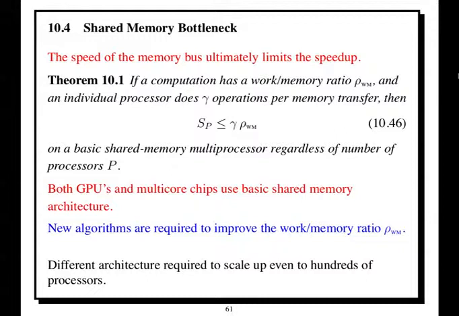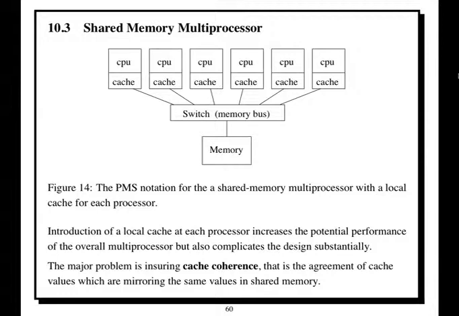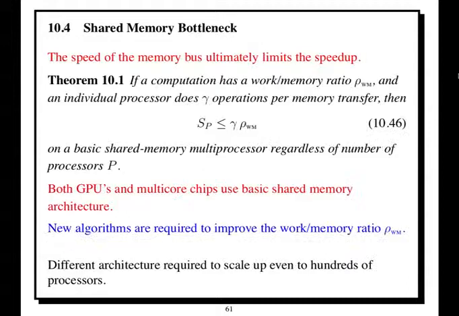One of the things about the shared memory processor that you can do is you can prove a theorem about the amount of speed up that's possible based on this work-to-memory ratio. And essentially this theorem says if you've got to go out over that bus, there's only so much bandwidth on this shared bus. And so it doesn't matter how fast these processors are. If everybody is in contention for memory, there's a limit to how much speed up you can get. And so it depends on how much your work-to-memory ratio is.